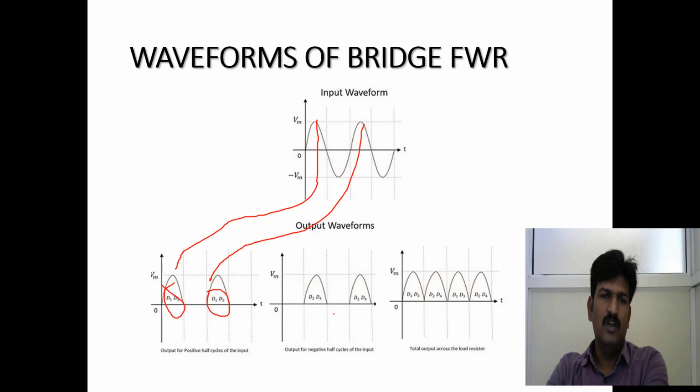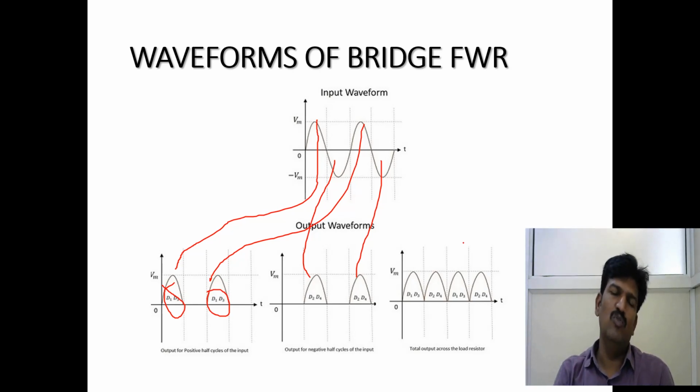Due to this, you have a loop, and the conduction of these two diodes gives some current through that loop and through the load resistor, so some voltage drops across that load resistor. Corresponding to the negative cycle, D2 and D4 conduct, providing the loop, and voltage drops across the resistor.